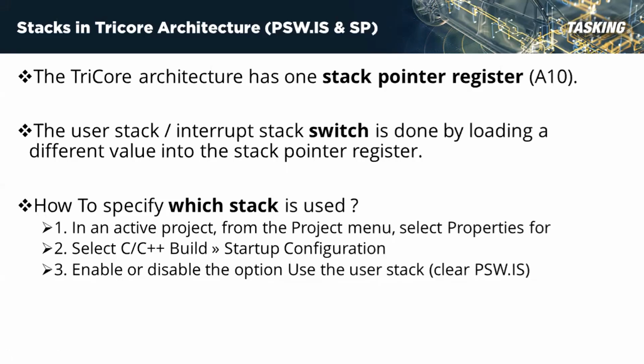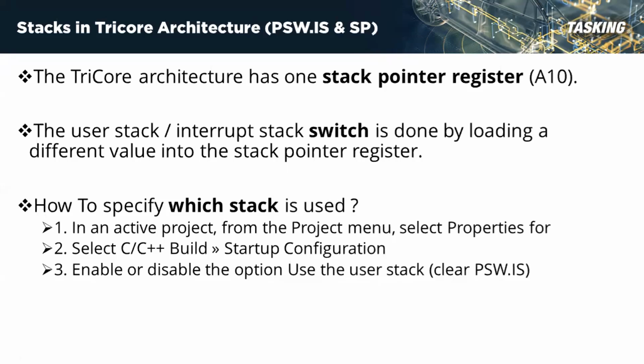You could have full control as well over this interrupt stack value by executing these 3 steps. So if you go to the projects that you already configured inside the Tasking IDE and go to the startup configuration part, you'll be able to see this interrupt stack value, and you could edit it if you would like.